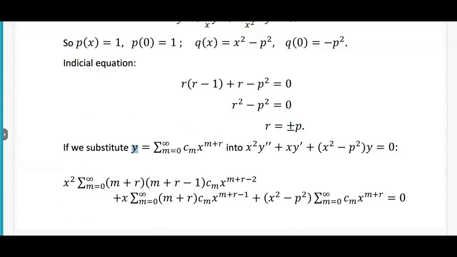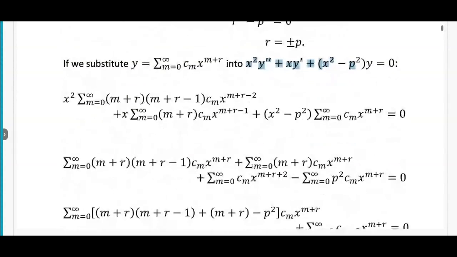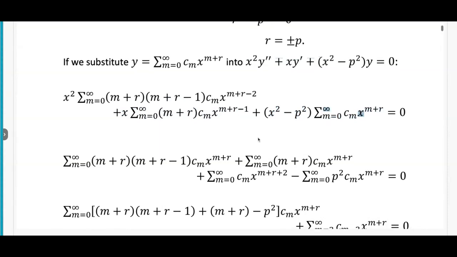So we substitute y equal to the sum of some coefficient times x raised to m plus r, with m starting at 0, into x squared times y double prime, plus x times y prime, plus x squared minus p squared times y.